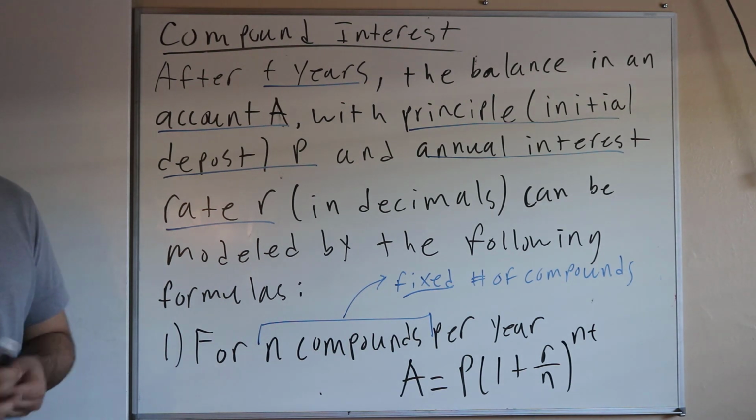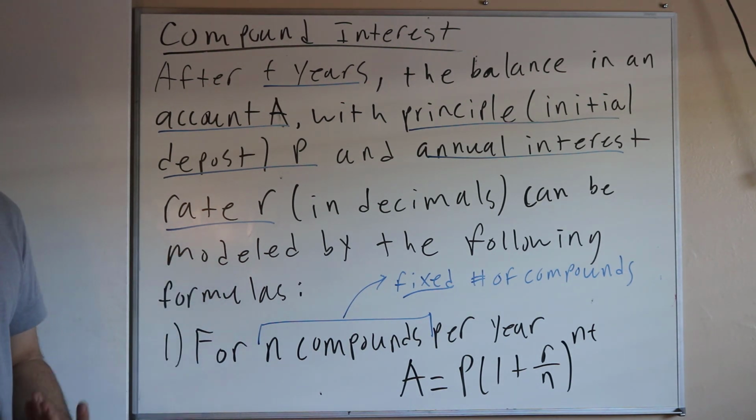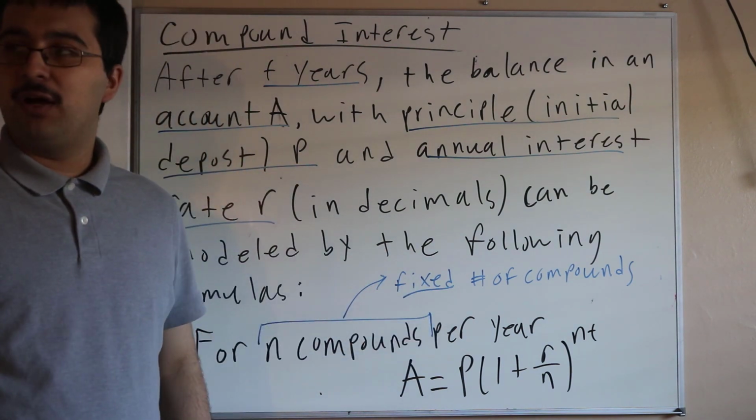So after t years, I can expect the amount in my account with a fixed number of compounds n to be equal to this amount.